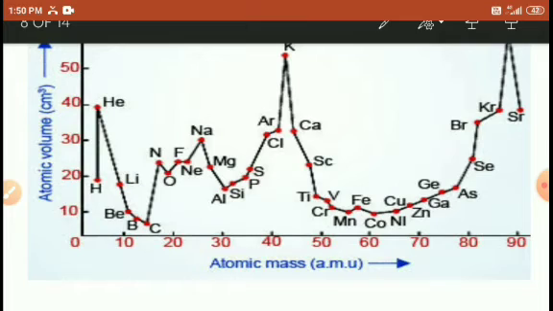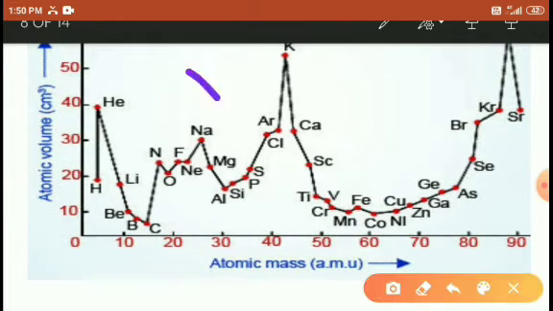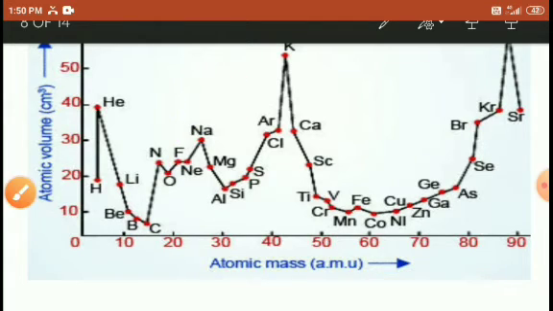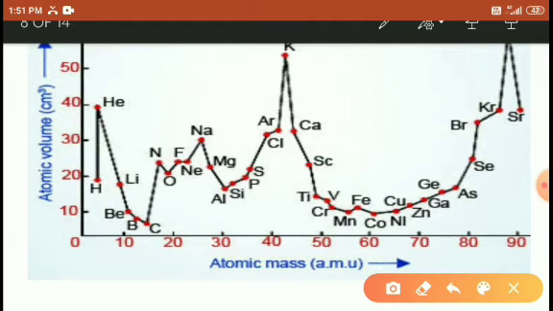So he plotted this type of graph, students. But this theory is considered a failure because the elements are arranged in a bunch. We are unable to study or understand this graph properly.